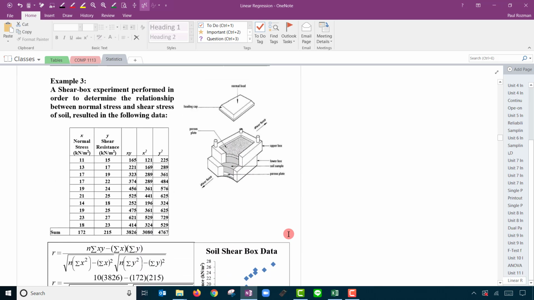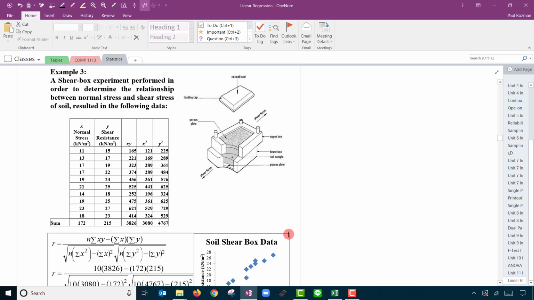Here's a little example. We'll get some data here. We have this shear box experiment where we have a box that is basically built out of 2 parts. We fill it with sand, and then we put a weight on the top.